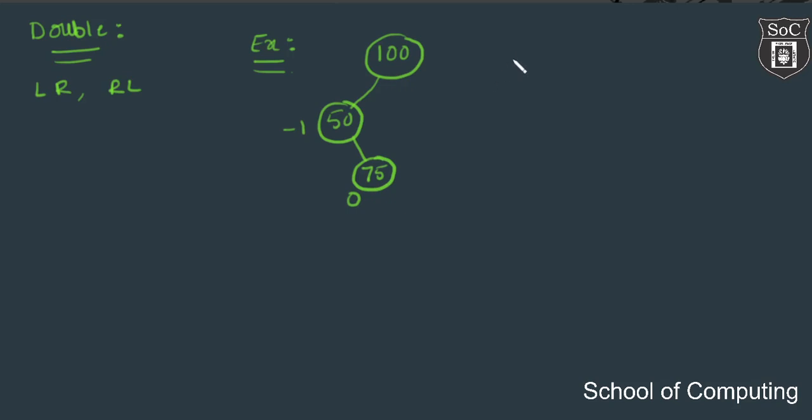So on the left side it is 2 minus. Right side, do I have anything? No, there is no right subtree. 2 minus 0 is 2. So what is the height at 100? It is 2. Is it imbalanced or not? Yes, it is imbalanced, because the balancing factor is -1 to +1.